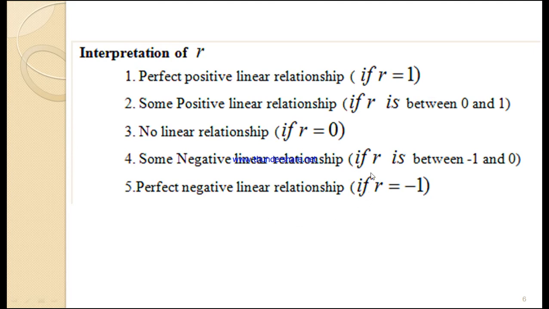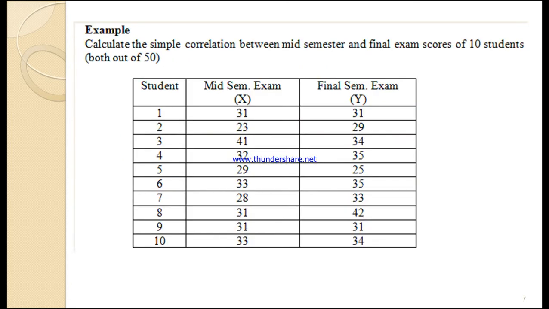And when we obtain a value of -1, it implies a perfect negative relationship between two variables. This is how we can interpret the different R values that show the correlation between two variables.